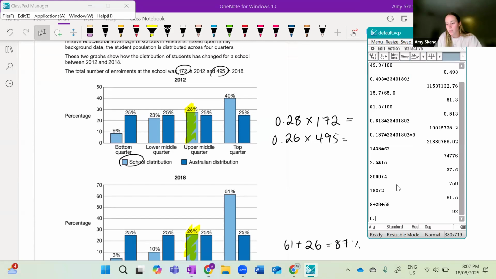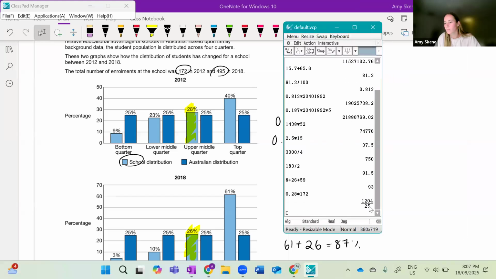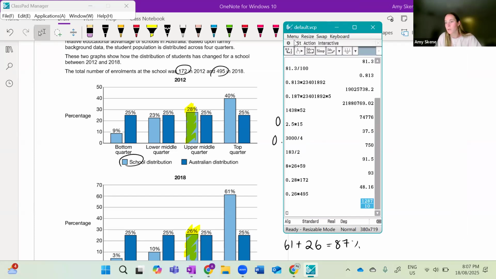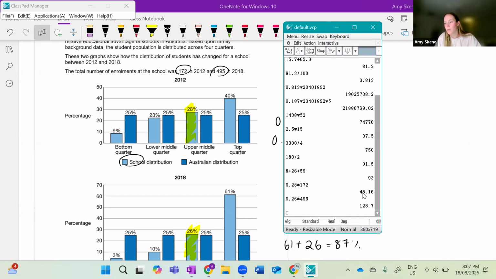So 0.28 multiplied by 172. And then I'll do the next one, 0.26 multiplied by 495. You change it out of its fraction form. So you've got 48 versus 128.